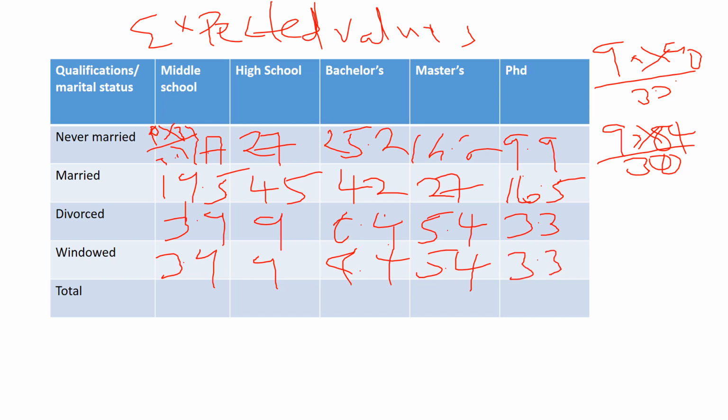So that is how we calculate the expected values using the totals of the row multiplied by the totals of the columns divided by the total of the data that was observed.